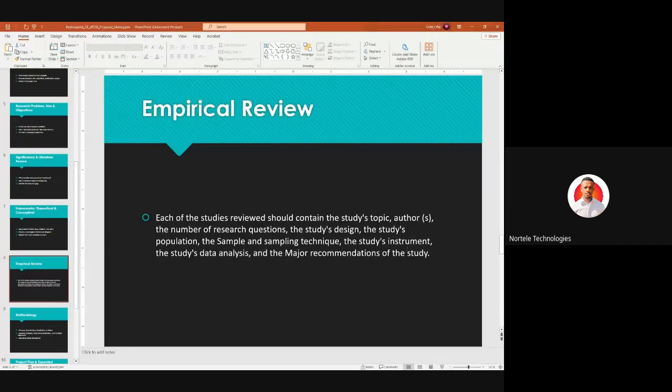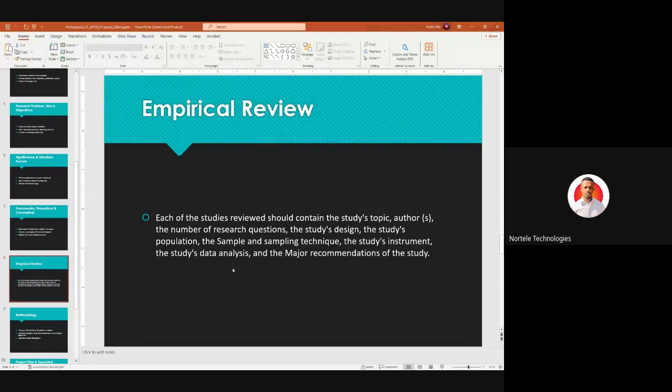Empirical review should have the topic, the authors, the study topic, the author, the number of research questions, the study design, the study population, the sample, and the sampling technique, the instruments, the data analysis, and methodical recommendations. This one is not important in terms of the defense. They won't ask you this.